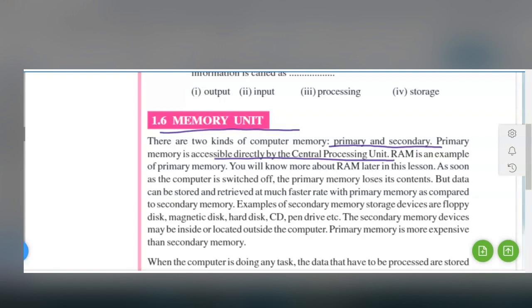These are the classifications of primary memory. Primary memory can be classified as RAM, random access memory, and ROM, read-only memory.